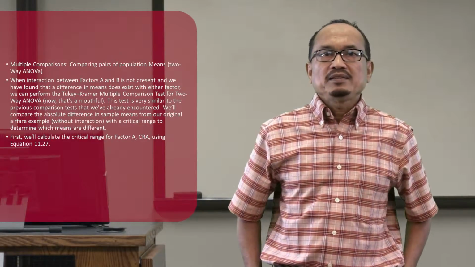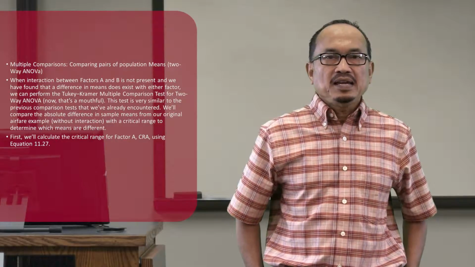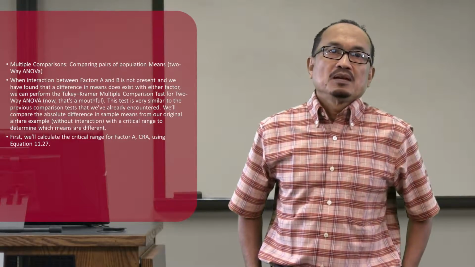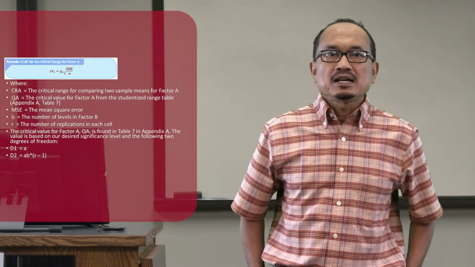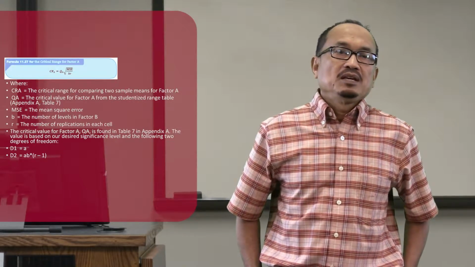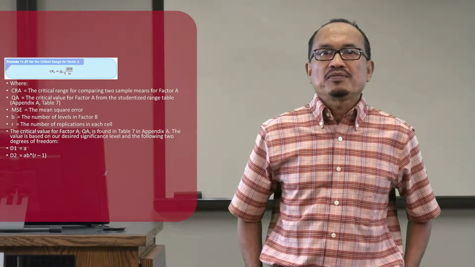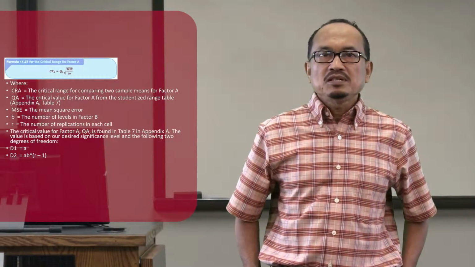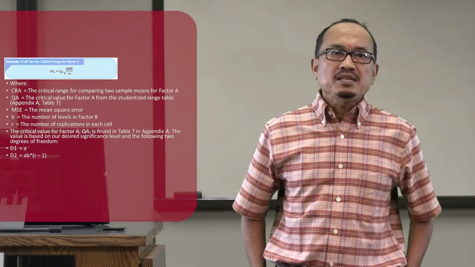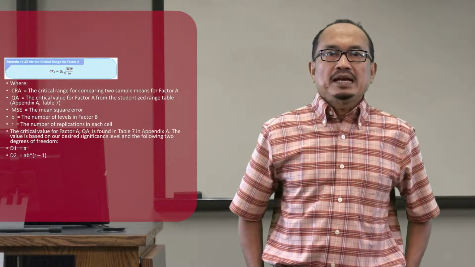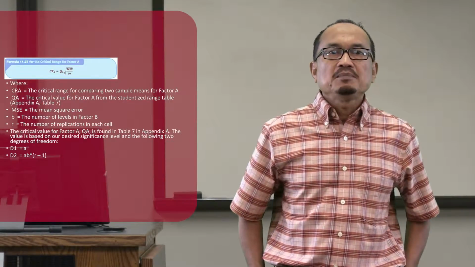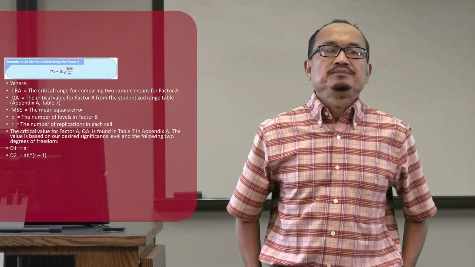First, we will calculate the critical range for factor A, CRA, using equation 11.27, where CRA is the critical range for comparing two sample means for factor A. QA is the critical value for factor A from the Studentized range table in Appendix A, Table 7. MSE is the mean square error. B is the number of levels in factor B. R is the number of replications in each cell.